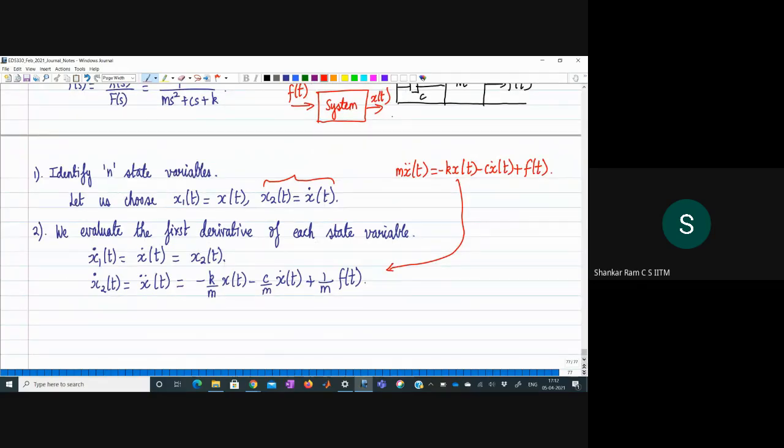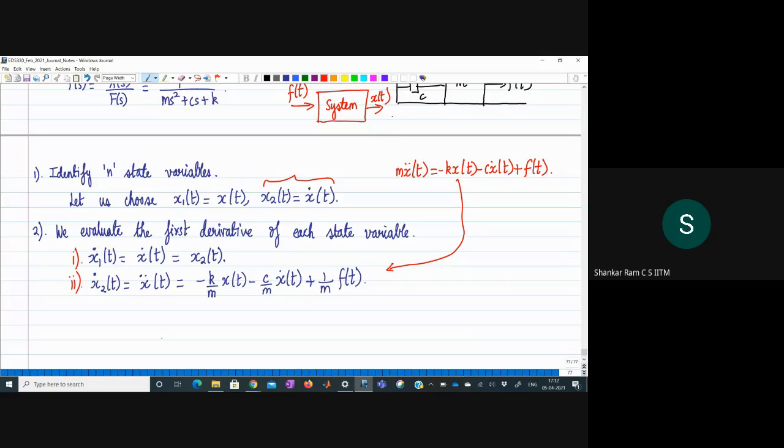Okay, so now we are all set. We have identified as many state variables as the order of the system, that is the first step. Then we have taken the first derivative of each state variable, that is the second step. These two equations, 1 and 2, form what are called the state equations.